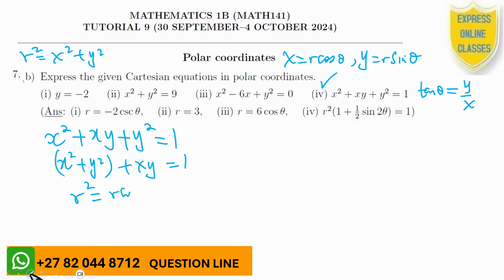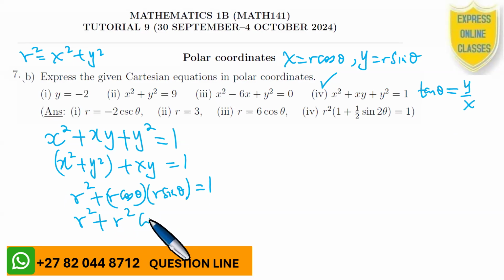Okay, we add them up here: x is r cosine theta, y is r sine theta, so xy is r squared cosine theta sine theta.